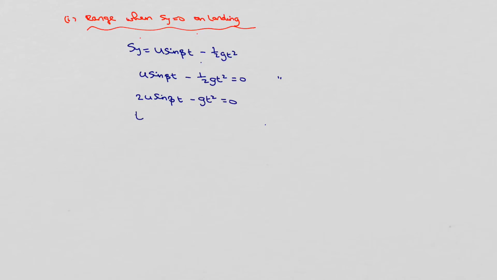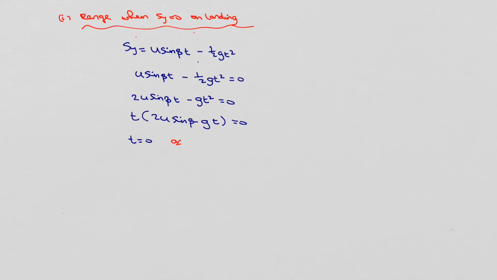Then if I take out t as being common, that leaves me with t times 2u sine beta minus gt. And if both of those factors multiply to give me 0, that means that one of them or both of them must be 0. So we have t is equal to 0, or 2u sine beta minus gt equals 0, and therefore t is equal to 2u sine beta divided by g.